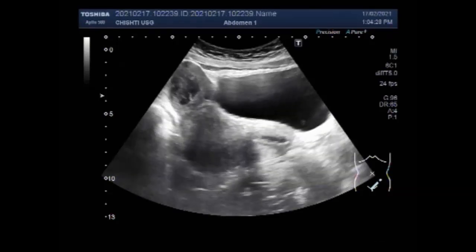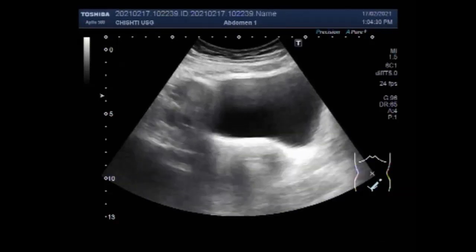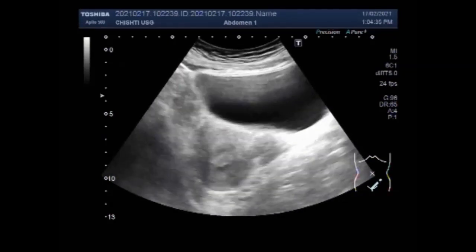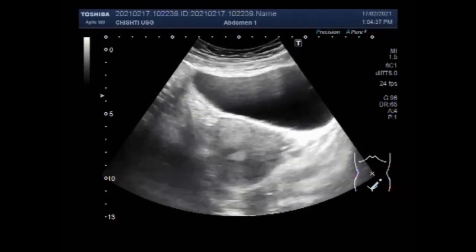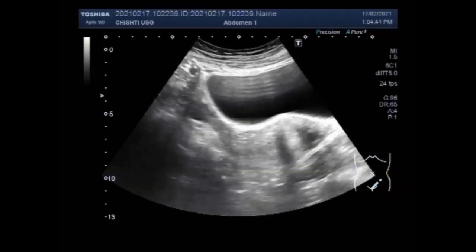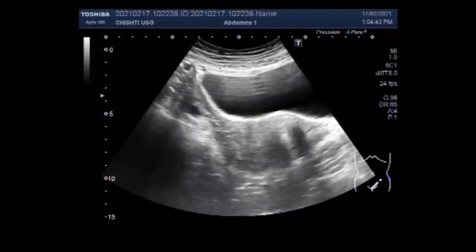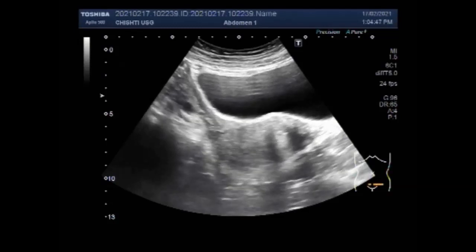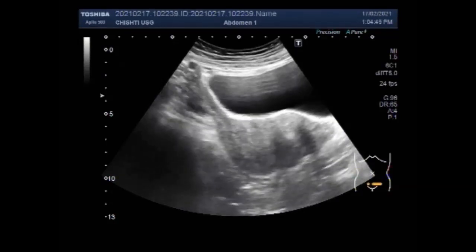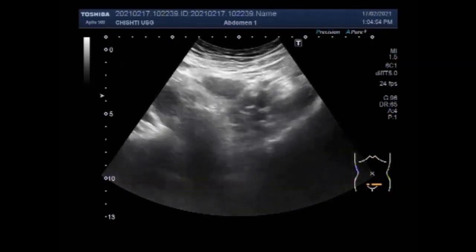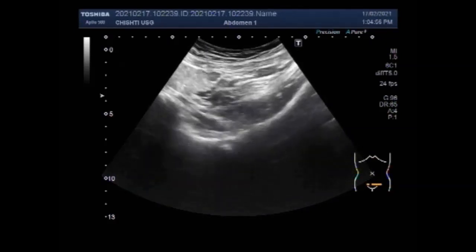Now you can see a hemorrhagic ovarian cyst in the left ovary. A small cervical cyst is also visible. This one is the cervical cyst. Now this is the right ovary and it looks echo-normal.